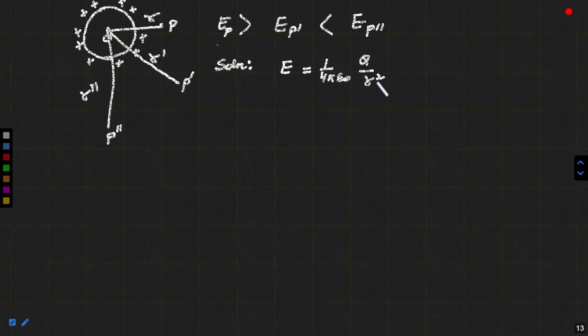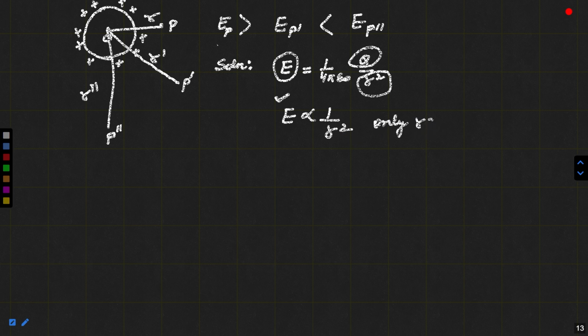So from this relation, suppose this is a charge, E and R square both are inversely proportional to each other. It means the value of E depends on only the radial part.